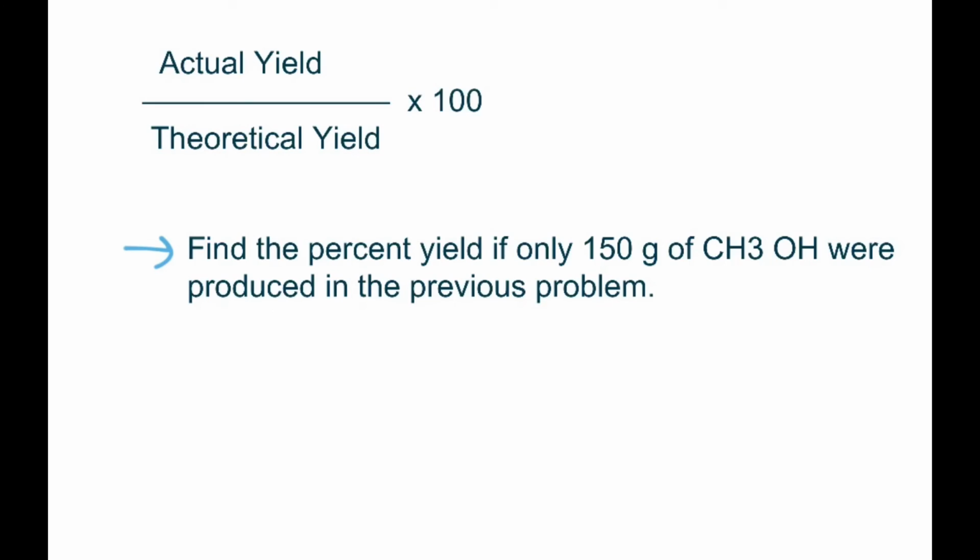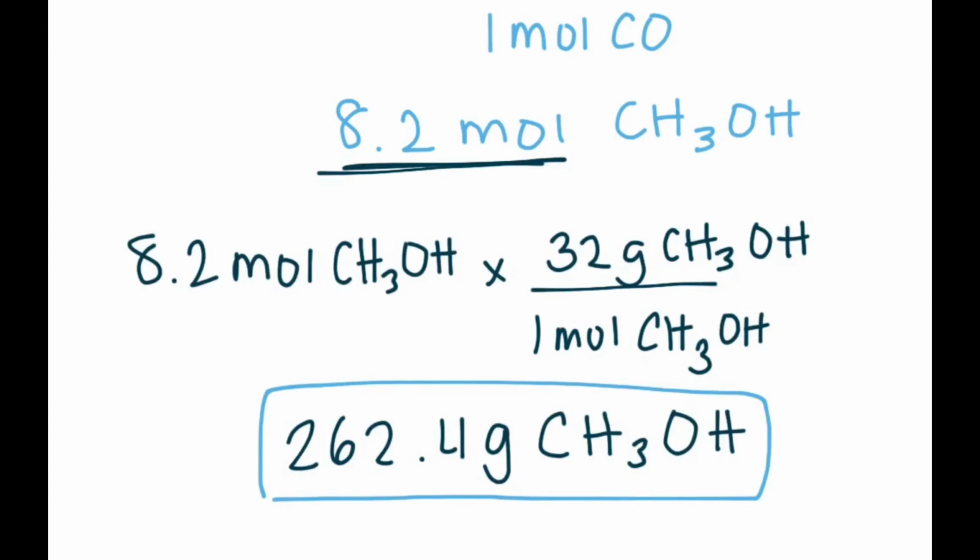In this problem, it's asking you to find the percent yield if only 150 grams of methanol were produced. So you put this into the percent yield formula, where the actual amount would be this one versus the theoretical yield, which is the one we found before, the 262.4.